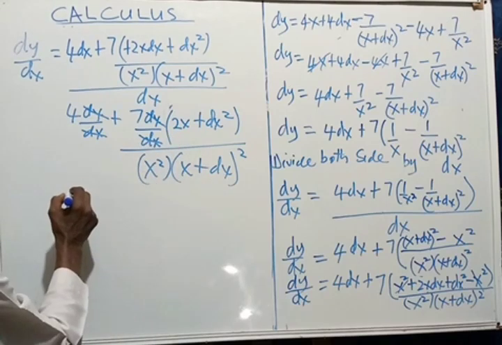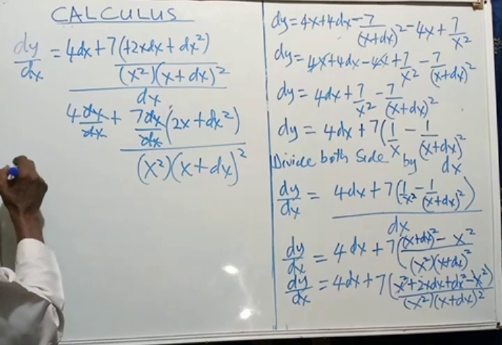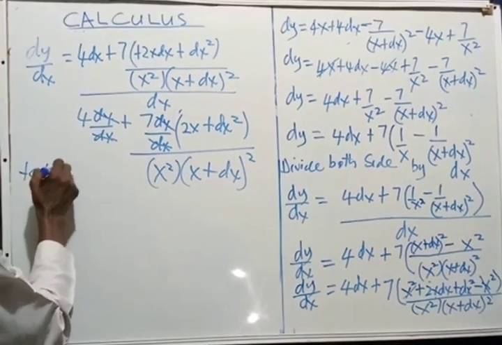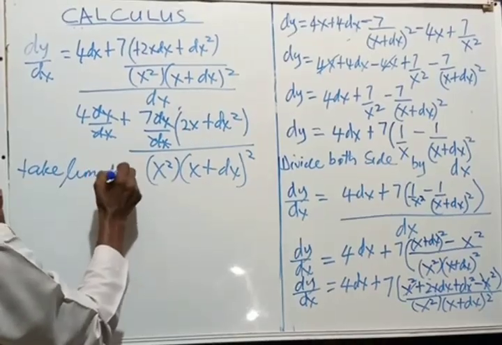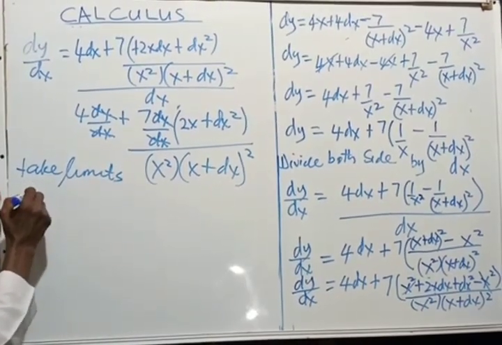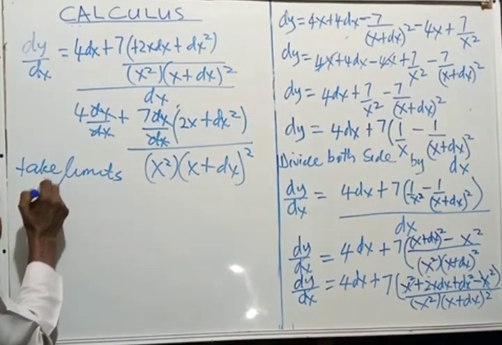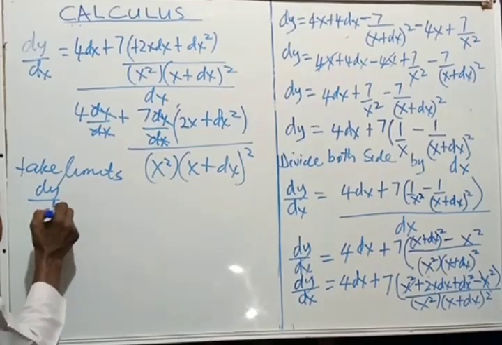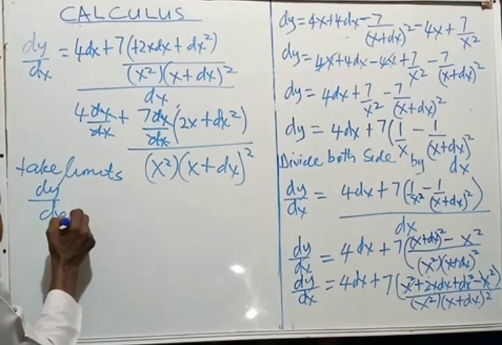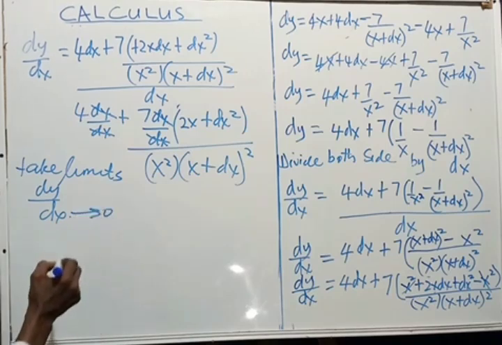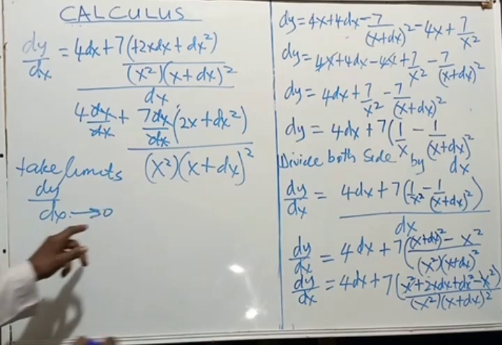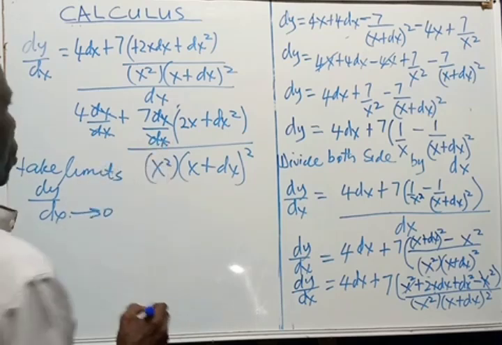And so I have here, I take limits. Limits as dx tends to 0. So wherever I find dx, I put in 0.